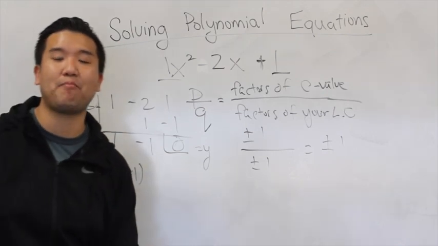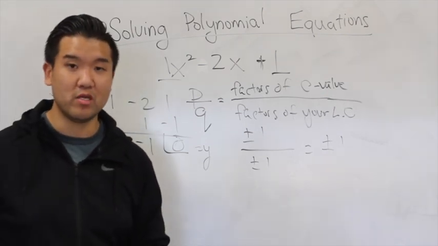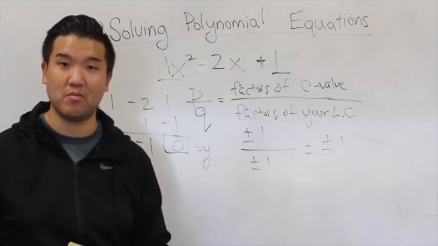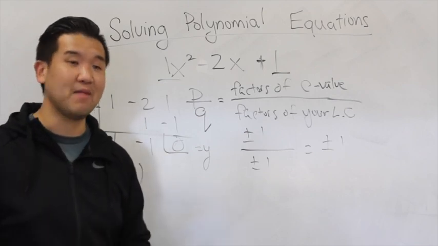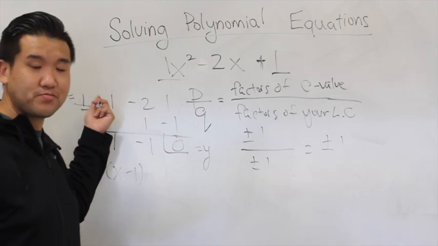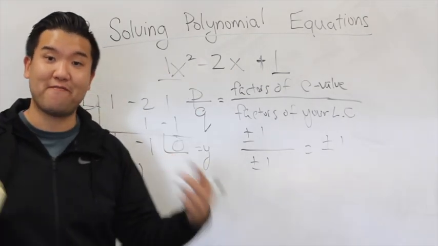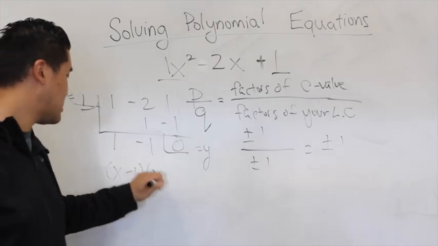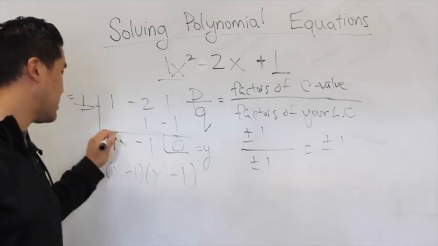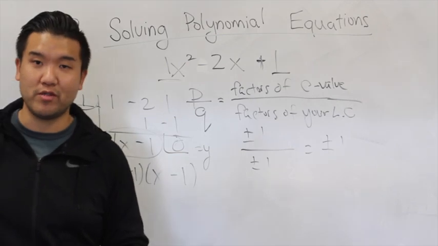You have to kind of think backwards. Normally we factor the problem, set it equal to 0, and solve for our x-intercepts. This time I know my x-intercepts, so I'm going to go backwards and write my factors. This is my factor, and this is what's left over, so we get x minus 1 there. Why? Because this is what was left over when we divide.